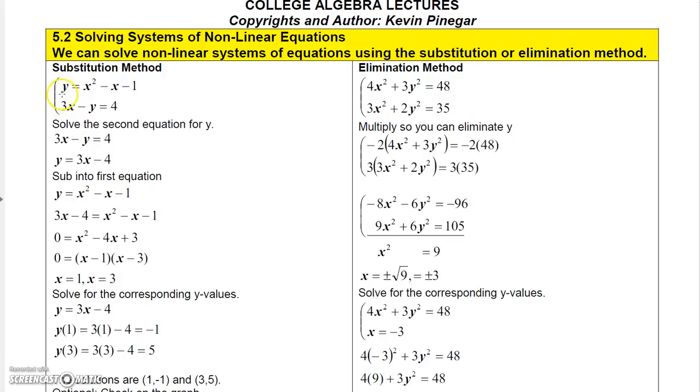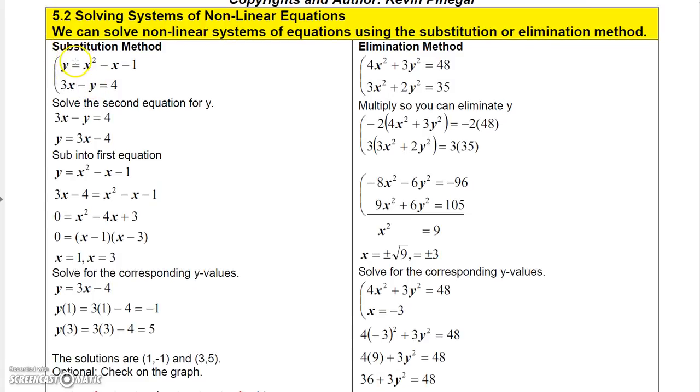So you can use a couple of different methods here. You can use the old substitution method or the addition method, whichever method you like, but what you want to do is try to figure out a way to eliminate a variable. So here what I'm going to do is take the second equation, 3x minus y equals 4, and solve that for y.